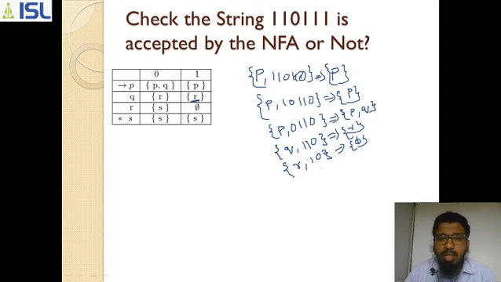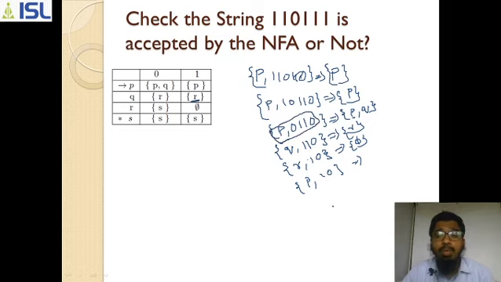So here we are not getting acceptance. From here you can take p and repeat the steps, then you will get the output. What is the output? Let's see.